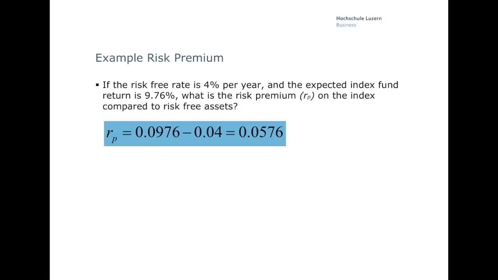You actually simply compute the index fund return minus the risk-free rate, resulting in an excess return of 5.76%. This means that an investor in an index fund is paid an additional 5.76% compared to a risk-free investment. This is the expected excess return for taking the additional risk.